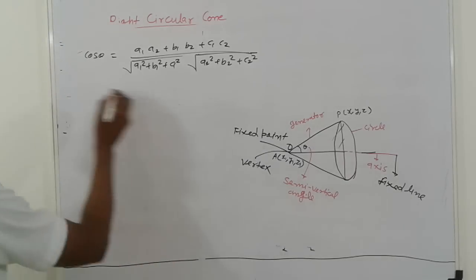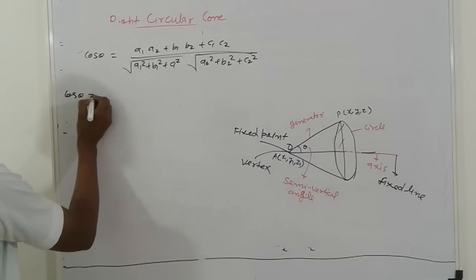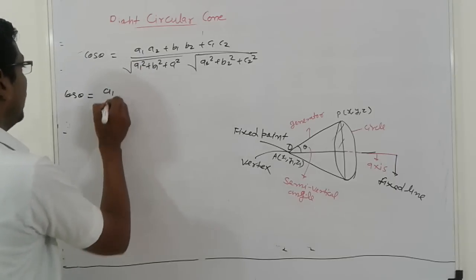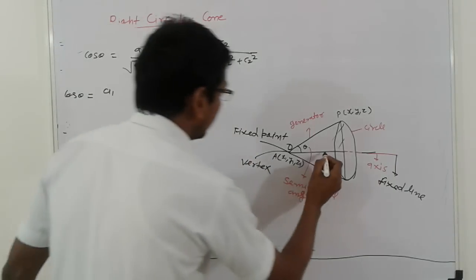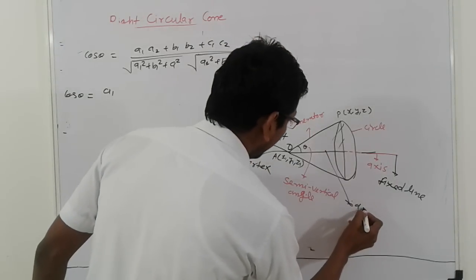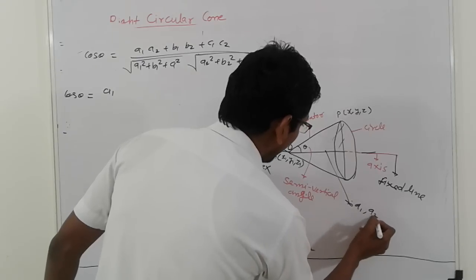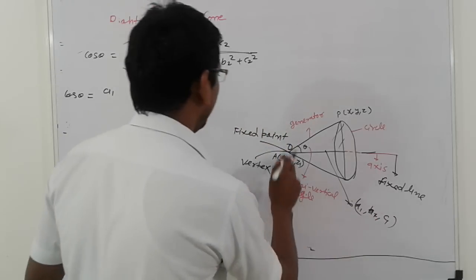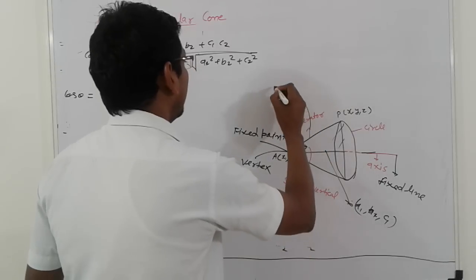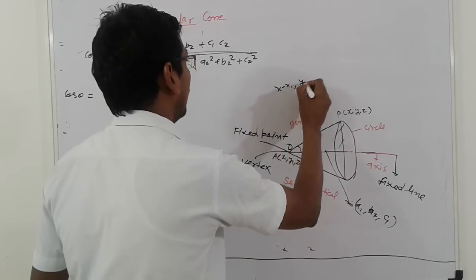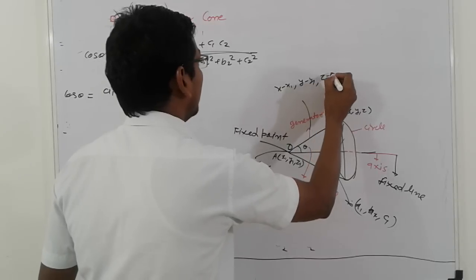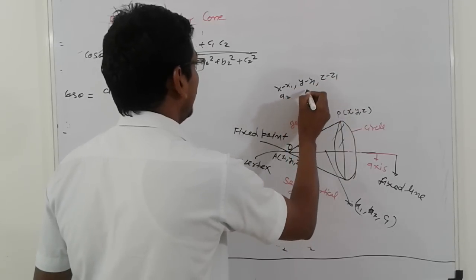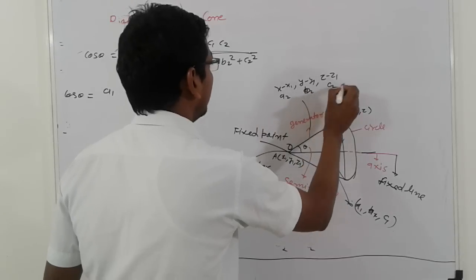So put here cos theta equal to a1, b1, c1, the direction ratio of the axis, and we have found x minus x1, y minus y1 and z minus z1, that is a2, b2 and c2.